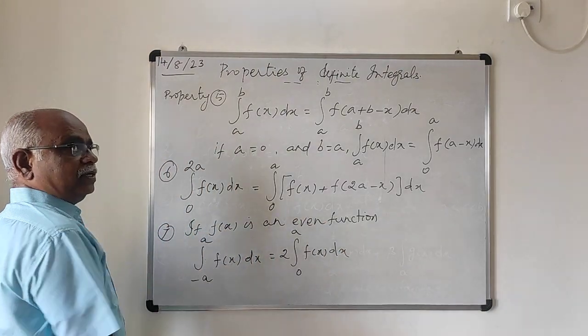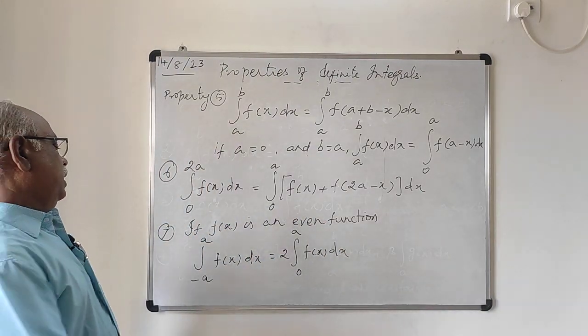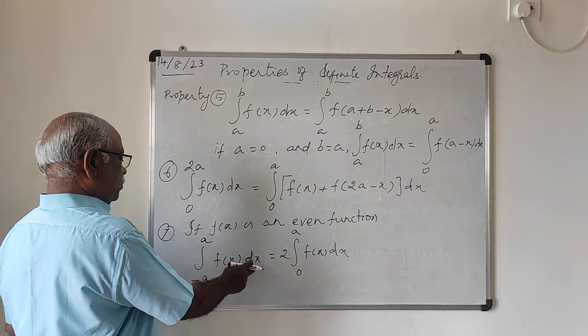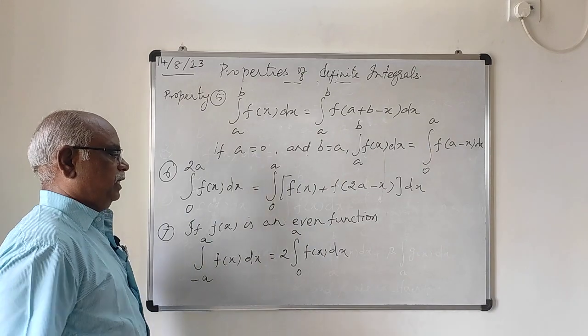If f of x is an even function, integral minus a to plus a f of x dx can be expressed as two times integral 0 to a f of x dx.